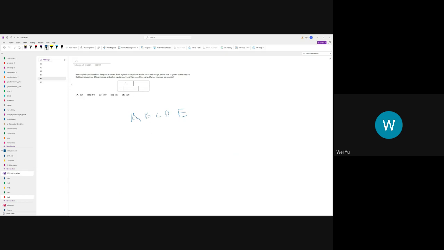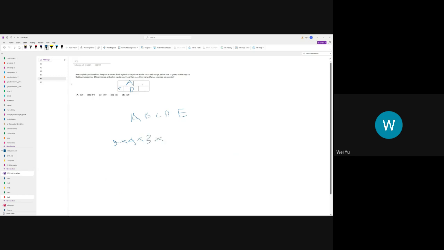So there are 5 ways to choose the color of this region. Let's just suppose that its color is, for example, A. So 5 times. And then there are 4 ways to choose the color of this region down here because it can't be A. So let's just say it's C, 4 times. And then there are 3 ways to choose the color of this region because it can't be A or C. Let's suppose it's D, 3 times.